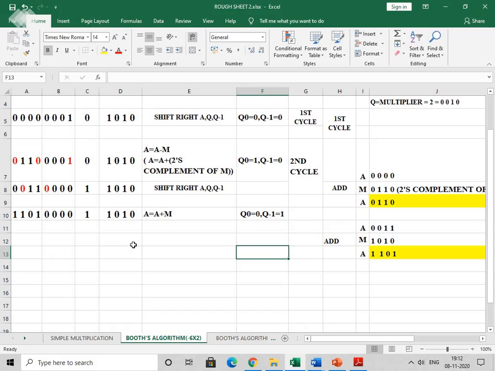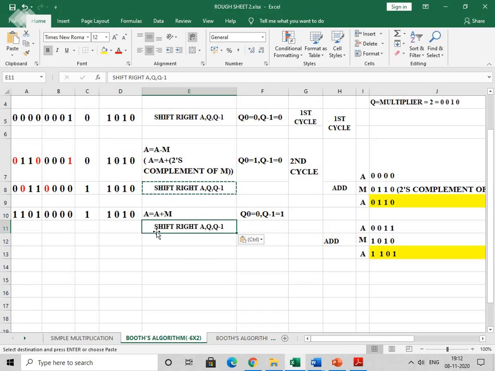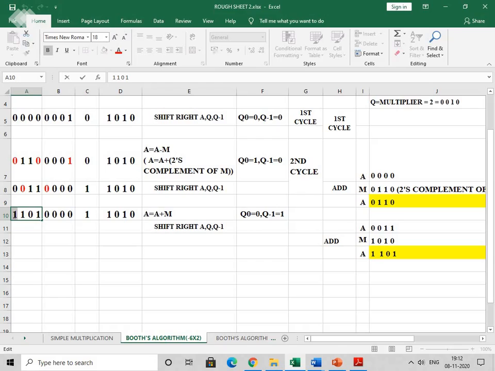Now, after every addition or subtraction, shift right the content of A, Q and Q minus 1. What is present at the A n minus 1 position? It is 1. So we will write it at the A n minus 1 position as well as the A n minus 2 position. This bit has been right shifted here as well as restored, that means it has been placed at the same position to indicate the sign of that number.